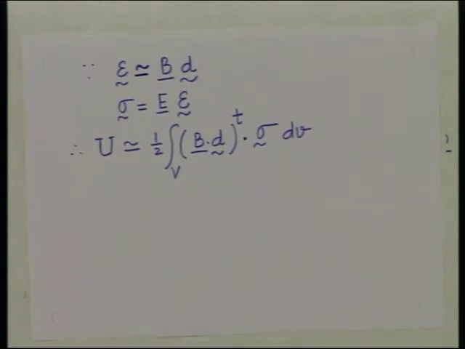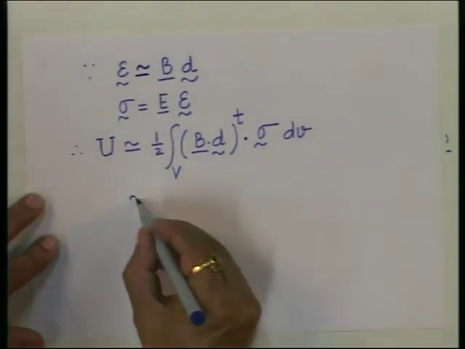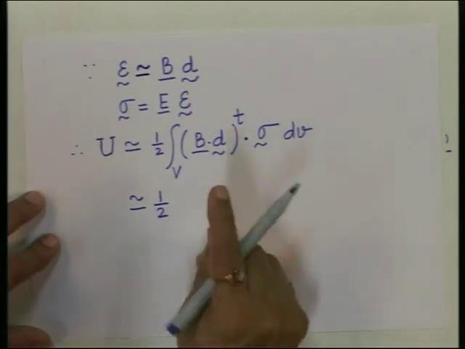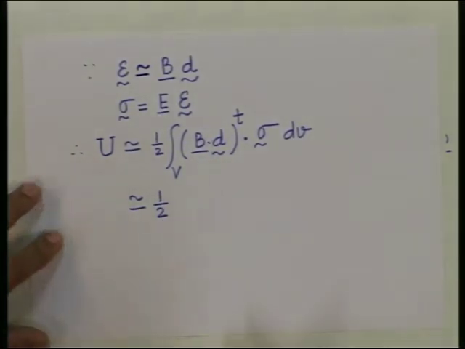Now this will be equal to half, which will remain, please note. D is the nodal displacement vector, independent of x, y, z, is it not? Those can be taken outside the integral sign. So, B D transpose equals D transpose B transpose, it reverses, A B transpose equals B transpose A transpose.